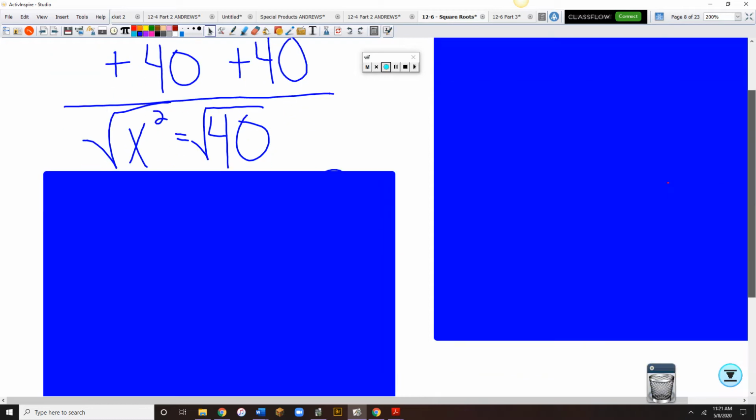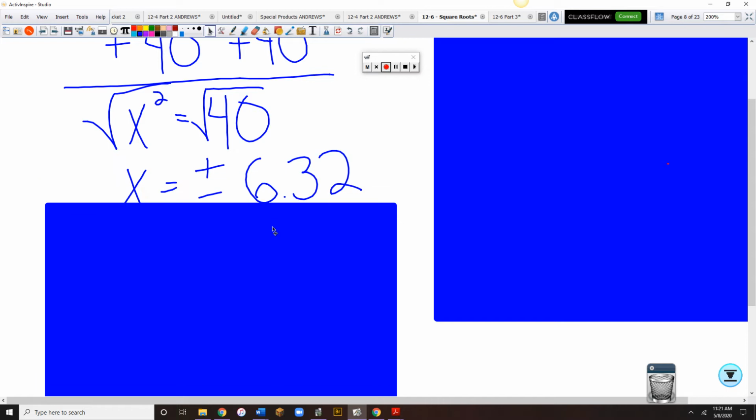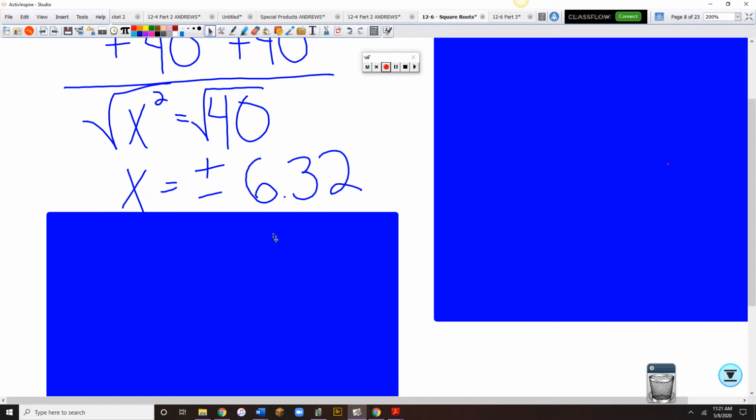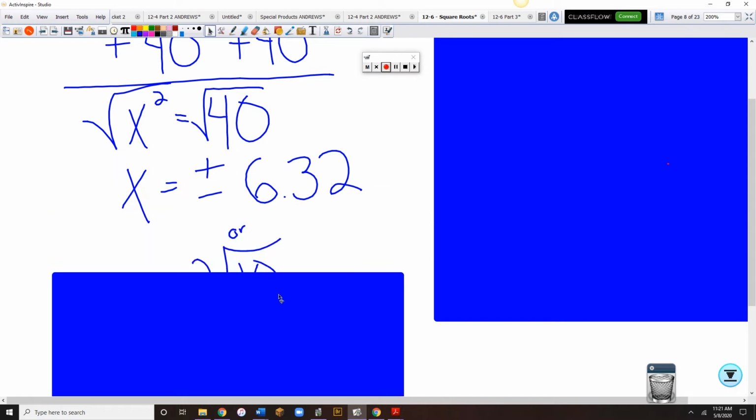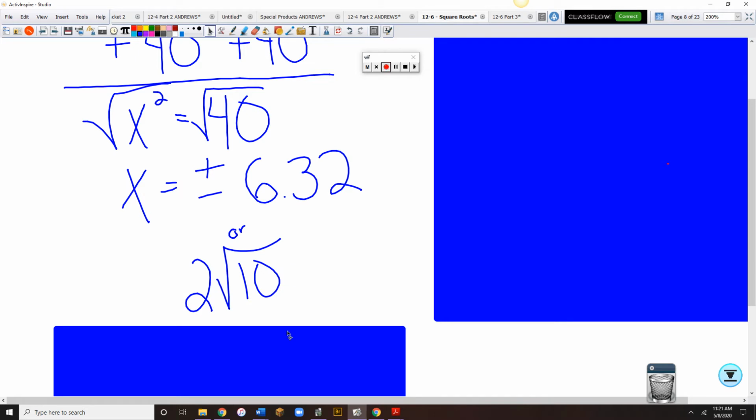If I answer this in decimal form, I get plus or minus 6.32, just using the calculator. Or if I answer it in radical form, I get plus or minus 2 root 10.